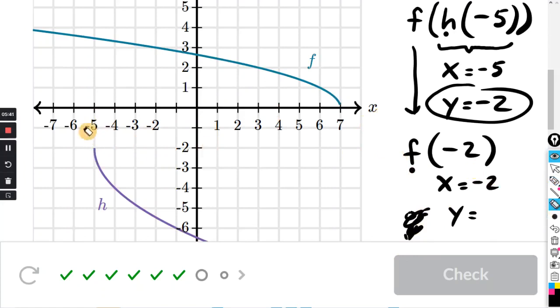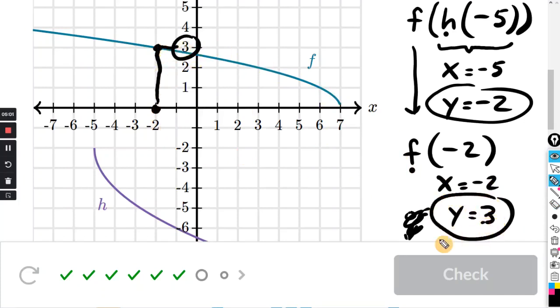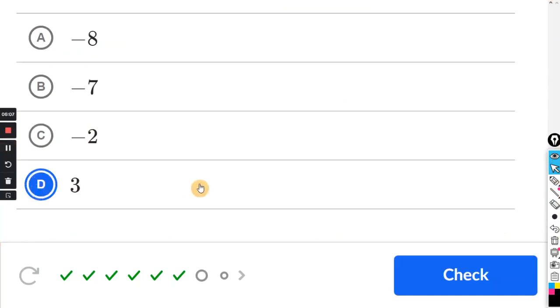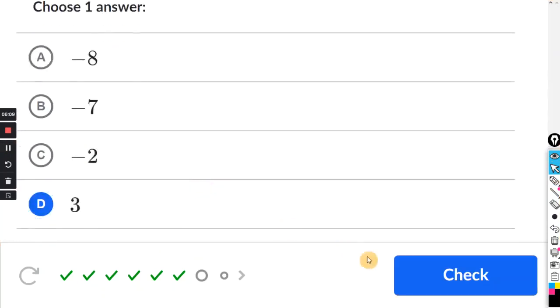Let me erase this mess. The x-axis, negative 2, is right here. We are looking at the f function, which is this one. Trace it up, it intersects right there, and the y value is positive 3. Final answer: Answer D, f of h of negative 5.